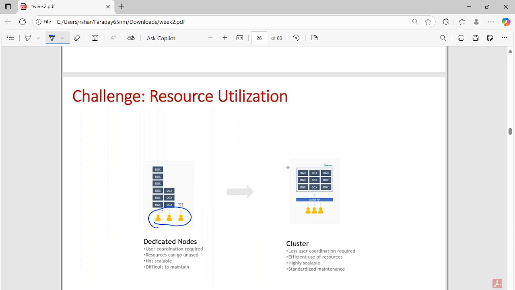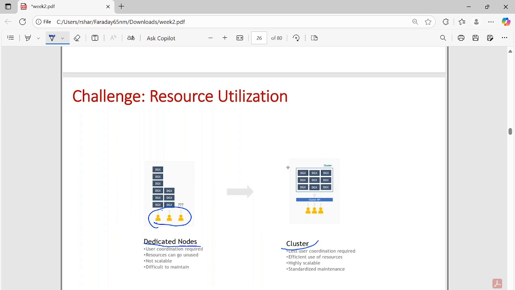So having these dedicated nodes is not a scalable model, and it is very difficult to maintain. We cannot just keep on adding machines and expect everyone to schedule their jobs.